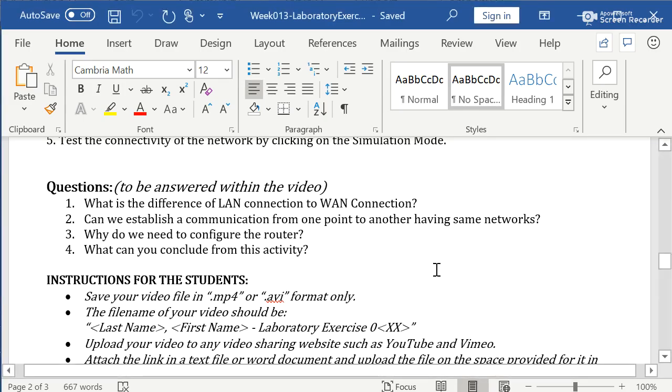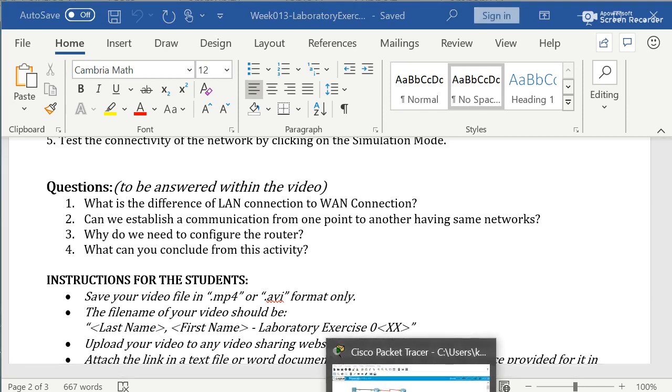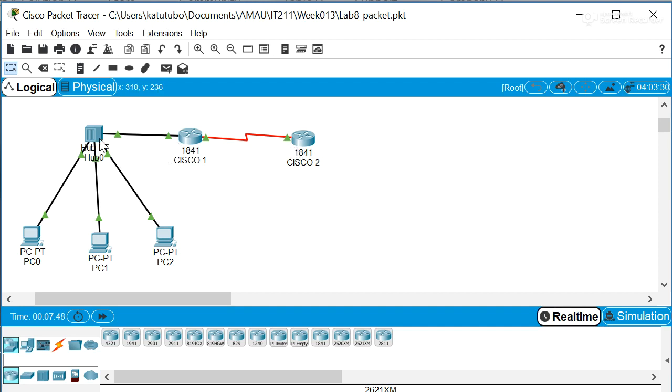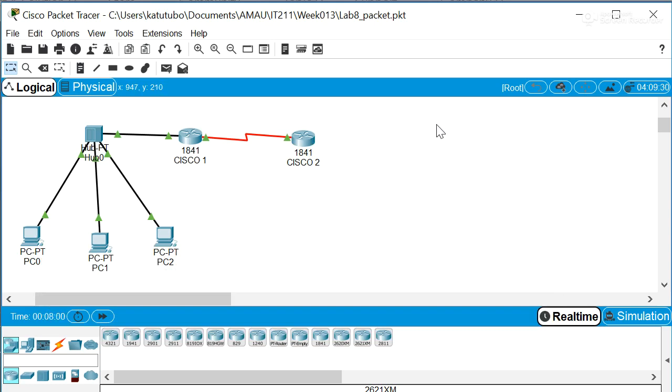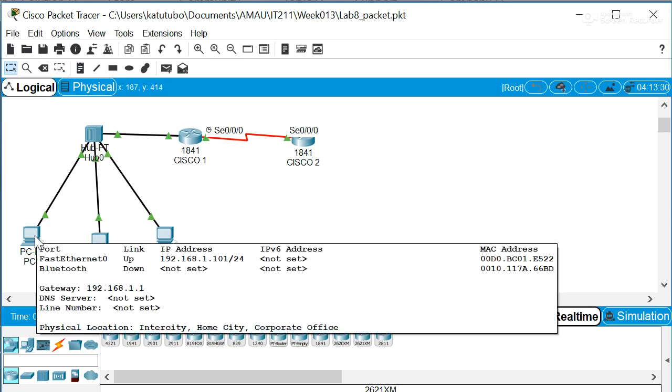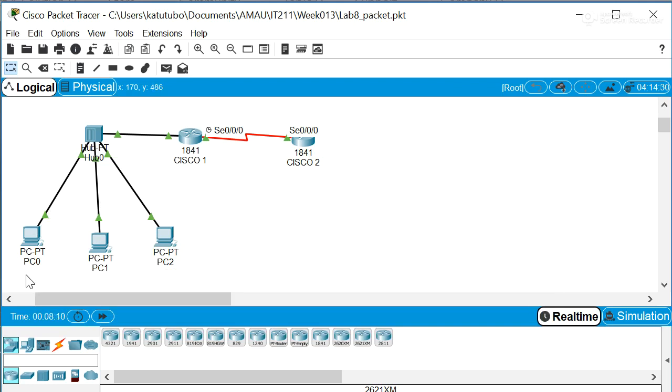For question number 2, can we establish a communication from one point to another having the same networks? I think using the same networks is not possible, because PC01 has an IP address of 192.168.1.101. For example, if on the Cisco 2 side there's a LAN also having the same IP, when I send the message, what will happen? Since it's using the same IP, it will go to itself.